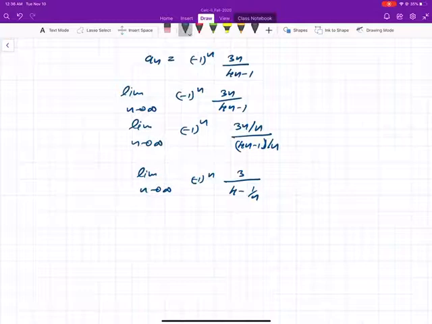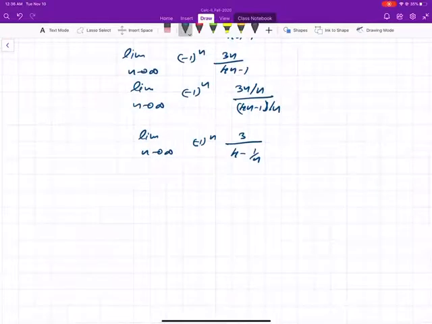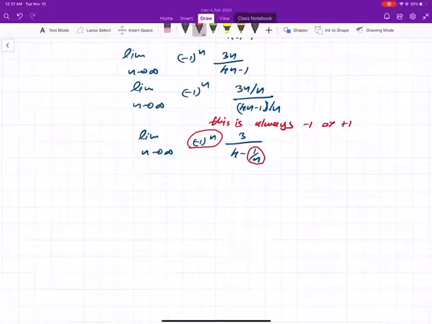Alright, now you have to find the limit of this. How do you find the limit of this? When n goes to infinity, this part is of course 0, and this part is either negative 1 or positive 1.